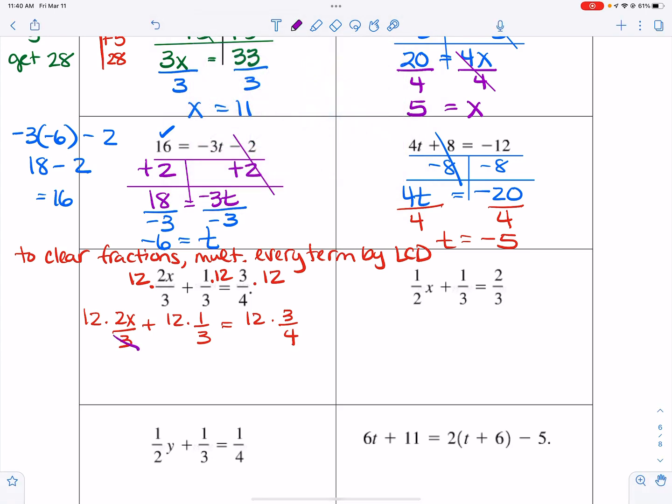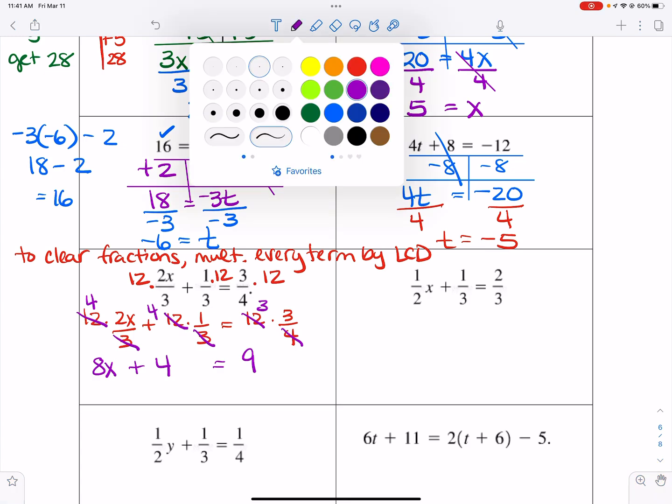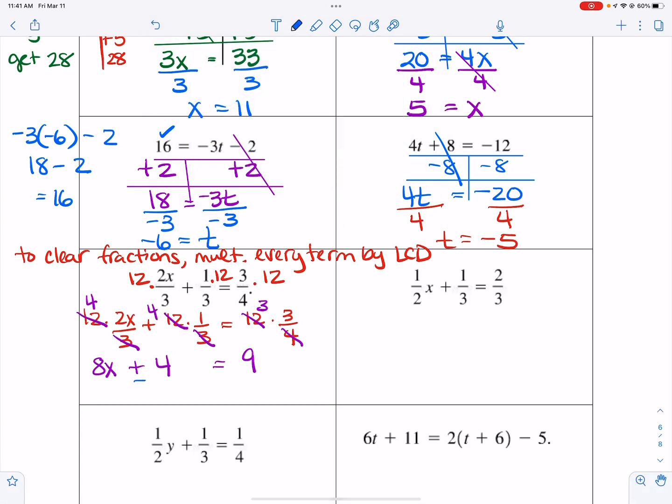So this 3 goes into this 12 and leaves 4. And now I have 8x. This 3 goes into this 12 and leaves 4, and 4 times 1 is 4. And this 4 goes into this 12 and leaves 3, and 3 times 3 is 9. Now you have a much nicer equation to look at, and don't think that you're wrong if you get a fraction for an answer.